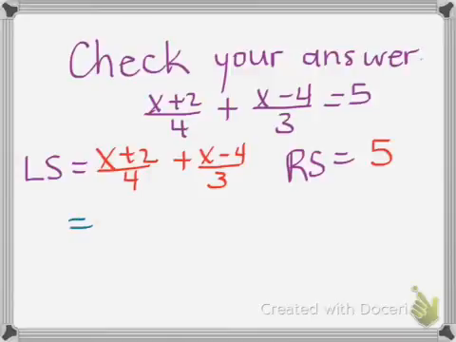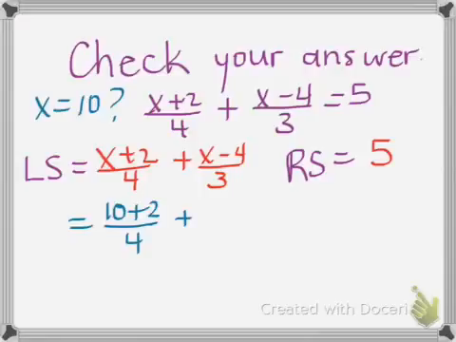We said, let's see if x equals 10 is the answer to the equation that we were given. So (10 + 2)/4 + (10 - 4)/3. I'll just make that a little bit neater.